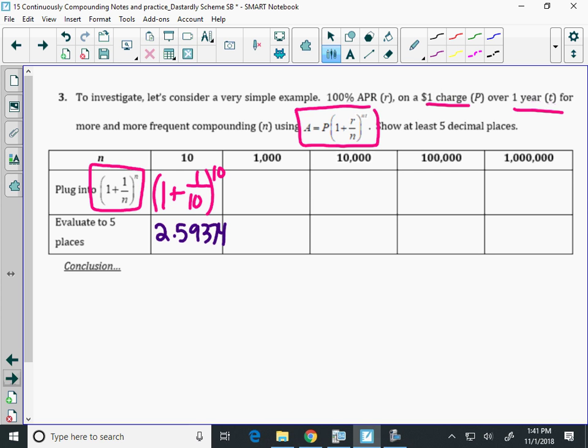Alright, good. Now, let's speed this up a little bit. If we took interest 1,000, 10,000, 100,000, and a million times. So let's break up into rows again. You only have to do it once. You just have to copy down the rest of the numbers. So let's have this row right here do the 1,000. You guys do 10,000, so the 8th row. These 2 rows can do 100,000, and you guys can do the million.